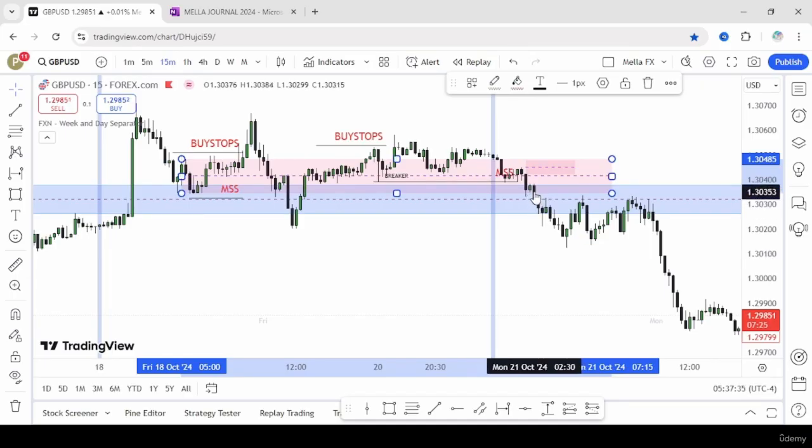You can enter on the fair value gap in a lower time frame, as the market is drawing towards the sell side, so you get that opportunity.